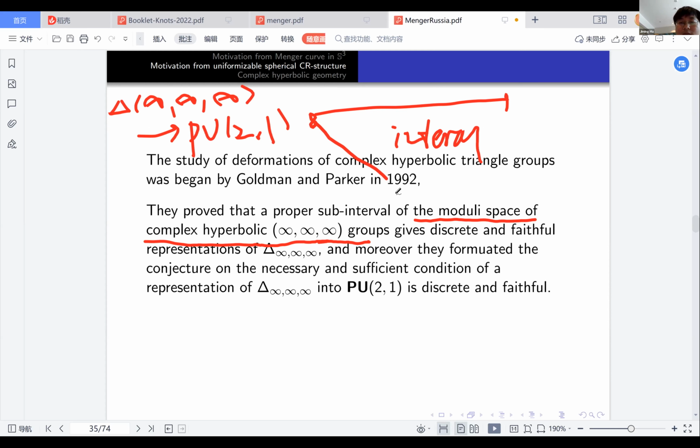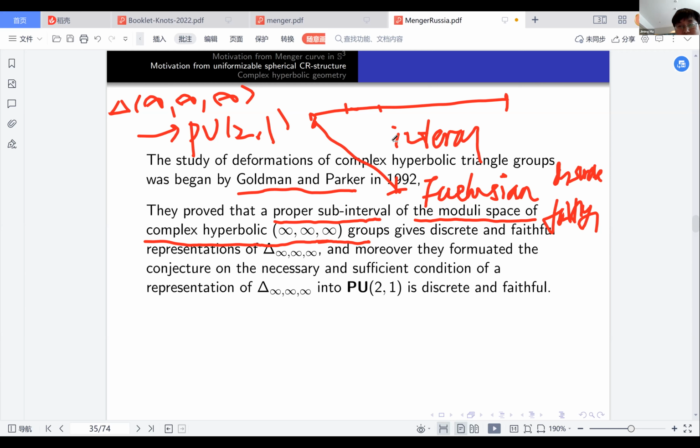Okay, and this part is a fundamental case, so it is discrete and faithful. But for any part here we need to determine whether it is discrete and faithful. Goldman and Parker found a proper subinterval of the moduli space of representations of the complex hyperbolic triangle group into PU(2,1) that gives discrete and faithful representations.